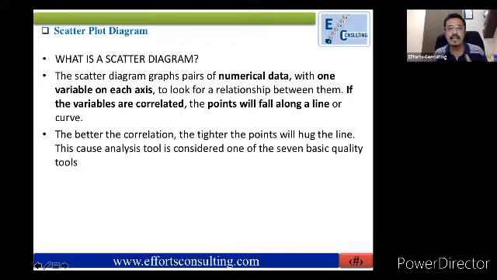For that, we generally use this scatter plot. The better the correlation, the tighter the points will hug the line, right? So we'll have a trend line with all the points near it, I'll show you.